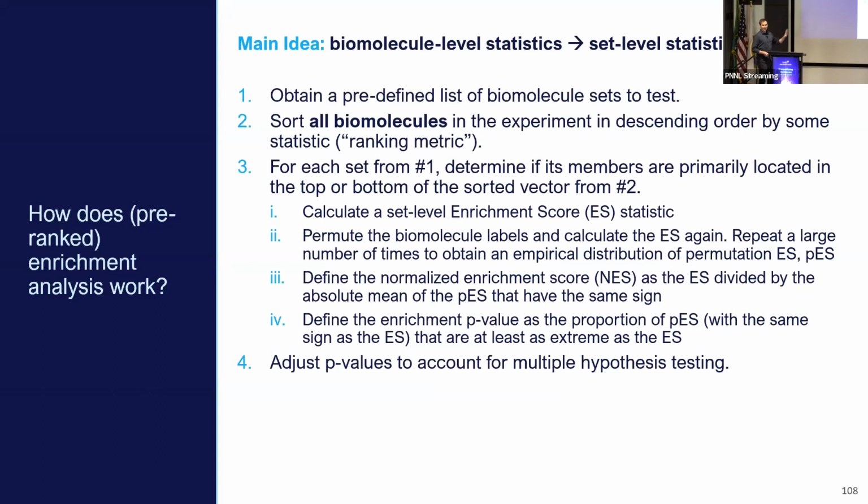So despite how it looks, this is the abridged version of this process. The first step is we obtain some sort of biomolecular statistic. So we talked about the ANOVA statistic or the G-test. Let's say you have, I'm going to use genes interchangeably with biomolecules and proteins.